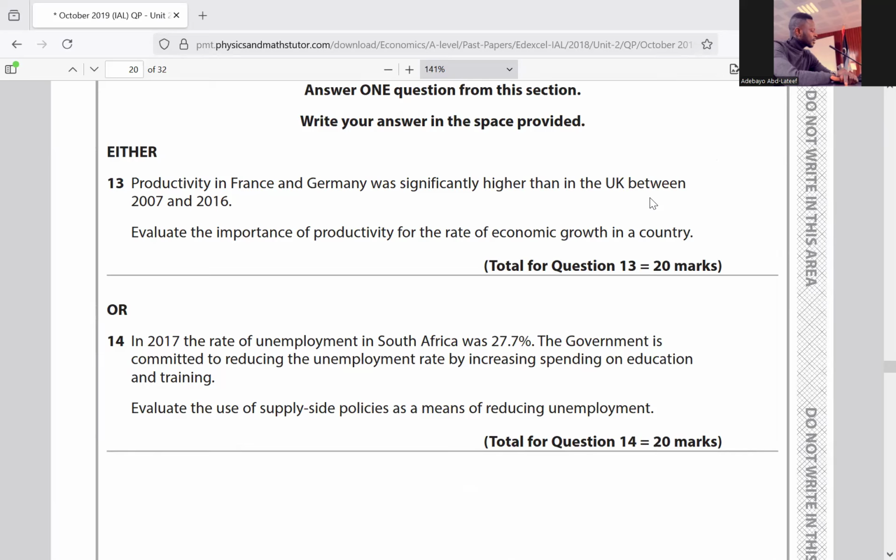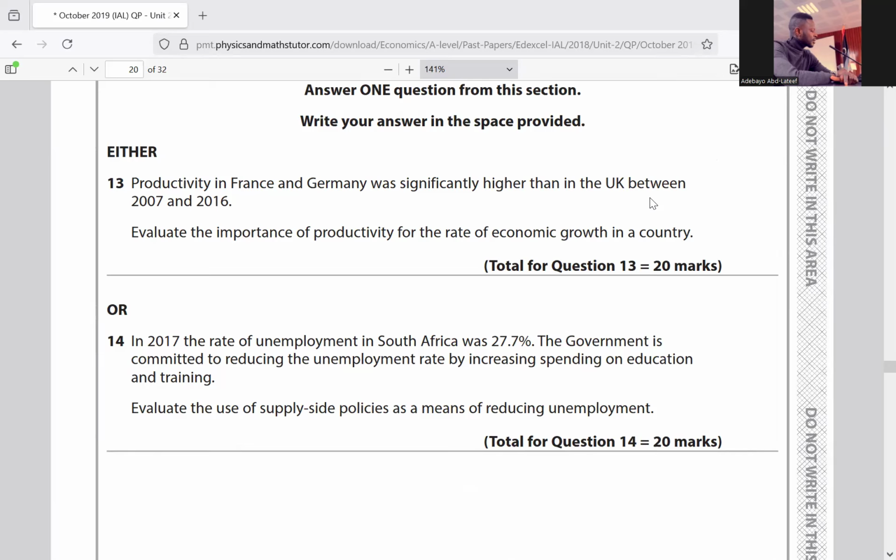About productivity. And when we talk about productivity, productivity simply means output divided by input, or output relative to input.